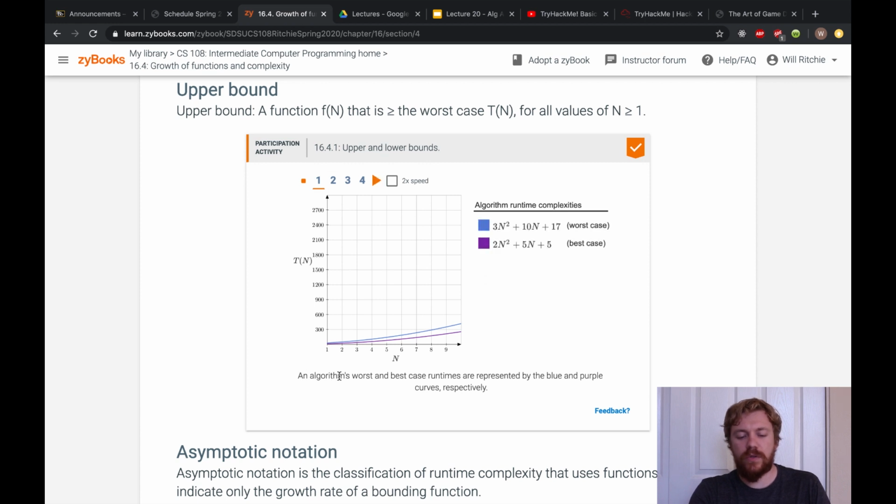An algorithm's worst and best case runtimes are represented by the blue and purple curves respectively. So here's the blue, the worst case, and you'll notice here is your T of n for the worst case scenario. And you can see it's a completely different function than the T of n for the best case scenario.